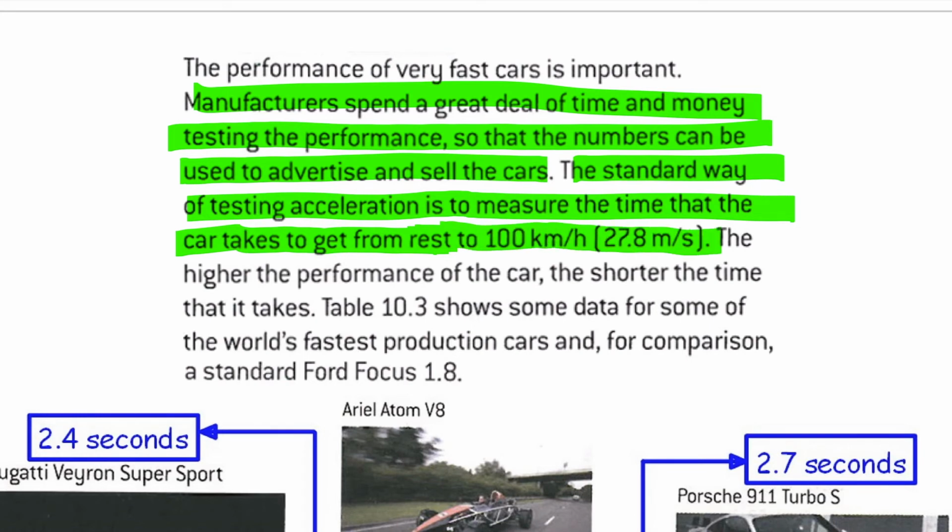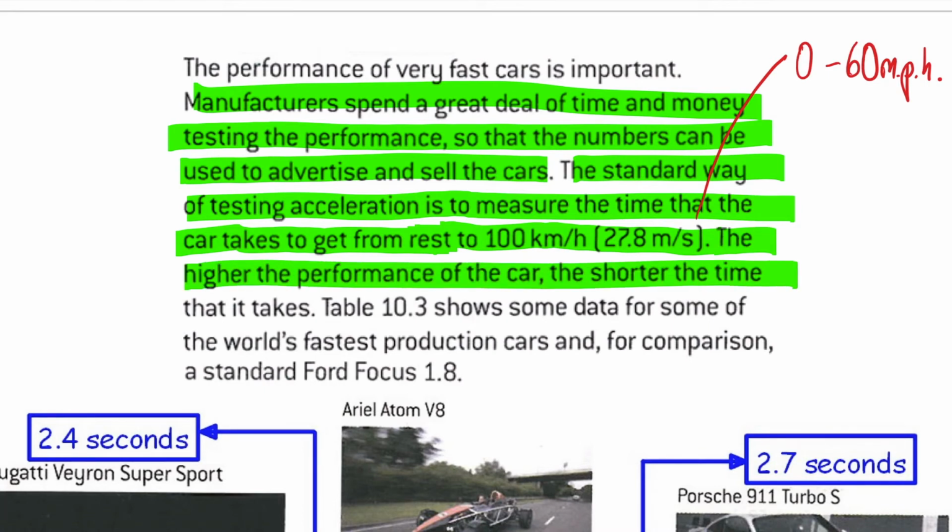In the UK, we sometimes use the term 0 to 60. You remember 0 to 60, but there we're talking about miles per hour, mph. The higher the performance of the car, the shorter the time that it takes.